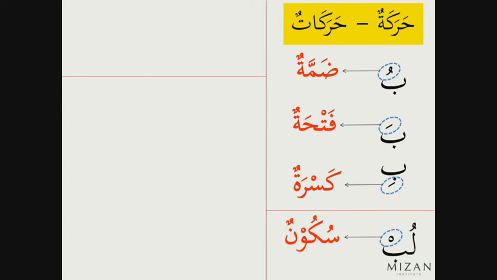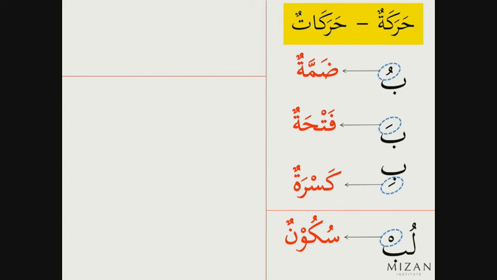Sukoon is the opposite of haraka. What does sukoon mean? From the word sakina, from the word maskan, it means to stop, to be settled. So haraka means the sound is moving from your mouth, it's coming out, and sukoon means the sound is stopping. Lub. So a sukoon is not actually a haraka, it's the opposite.